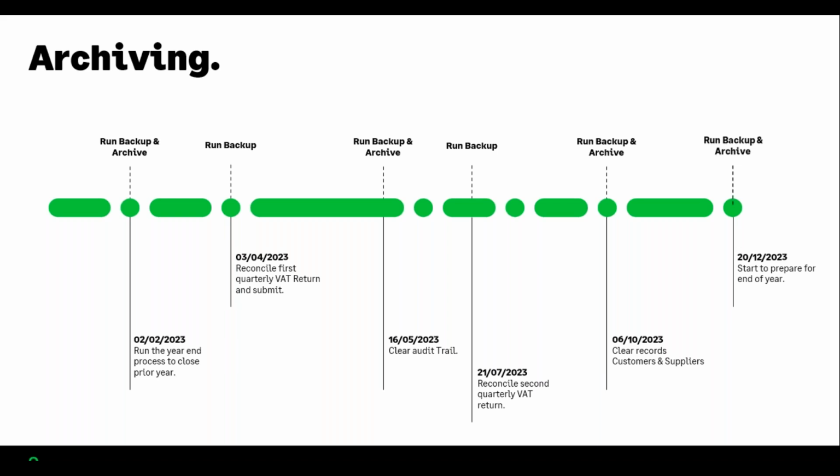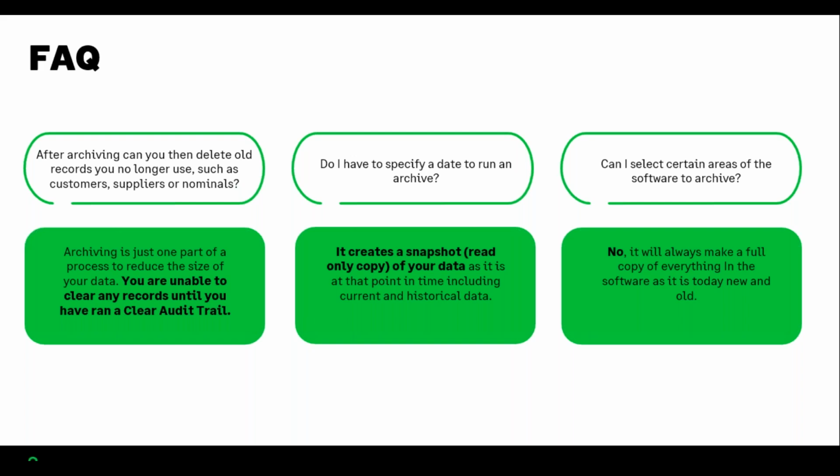So, frequently asked questions. After archiving, can you then delete old records you no longer use, such as customers, suppliers, or nominals? Now, archiving is just a part of the process to reduce the size of your data. You can't clear any records until you've run a clear audit trail. That's what a clear audit trail is.